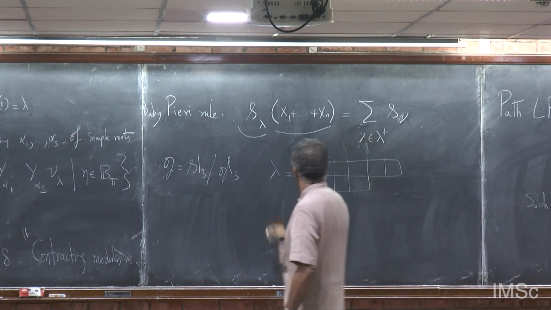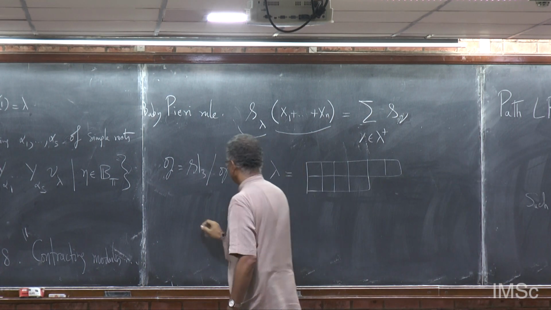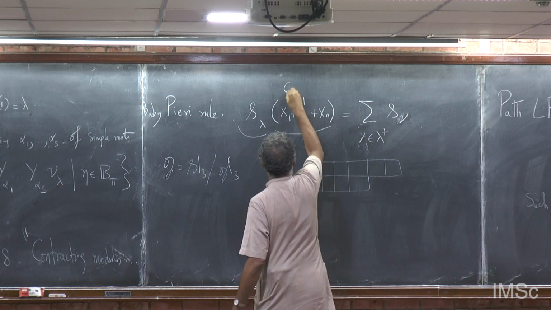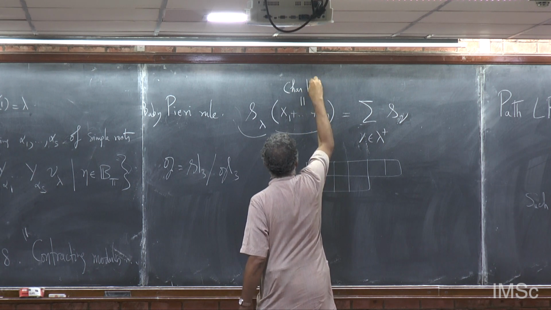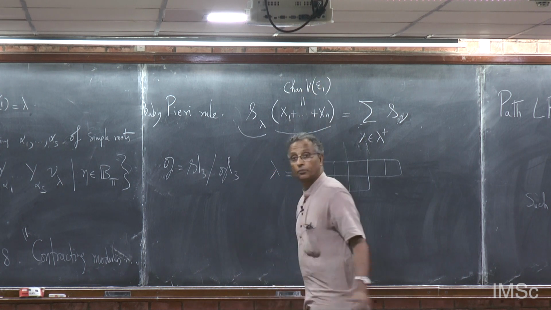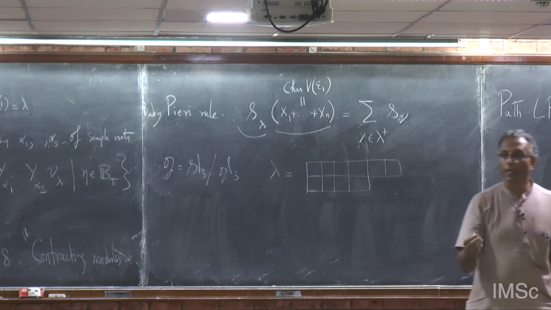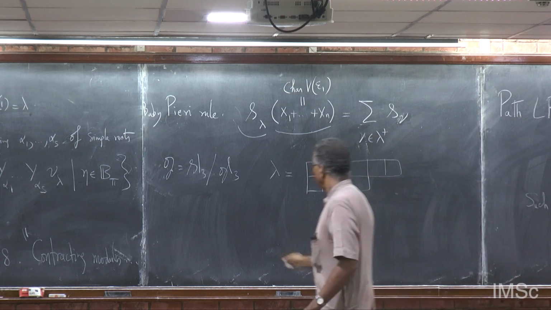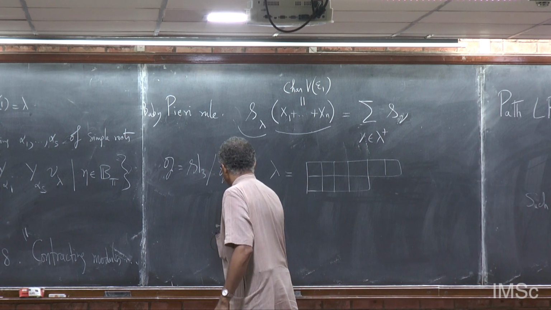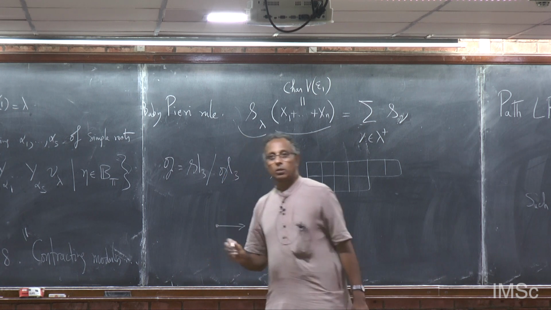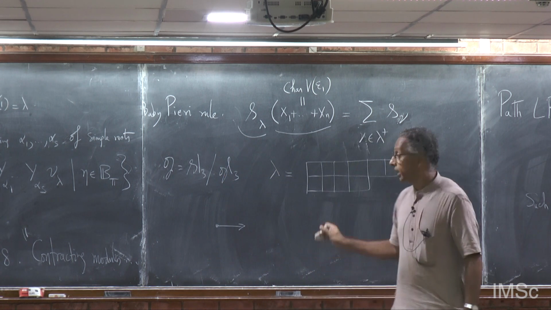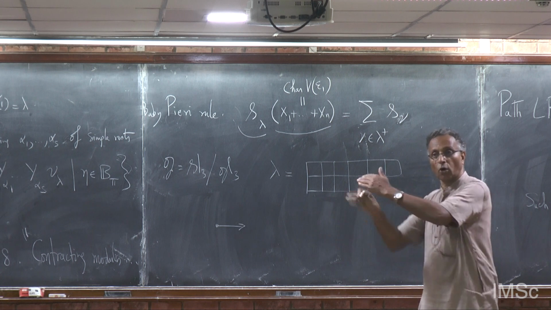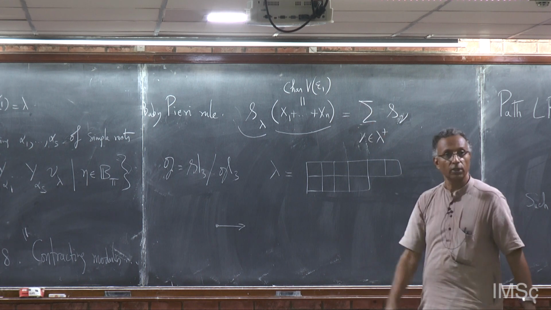So this is the character of V epsilon 1. Epsilon 1 is the highest weight of the defining representation. And what are the paths? If you take epsilon 1, again I am using our standard convention, epsilon 1 this way, epsilon 2 this way, epsilon 3 this way.